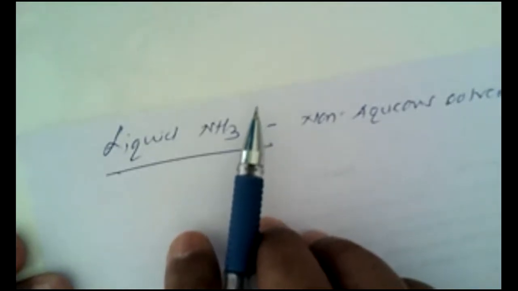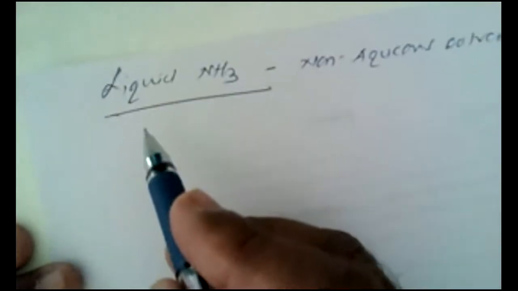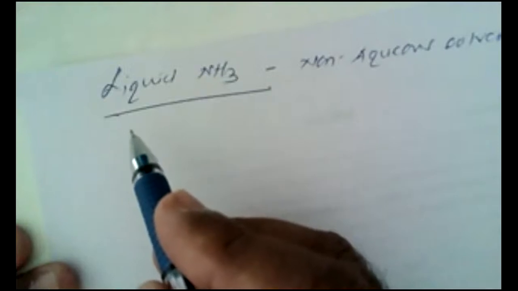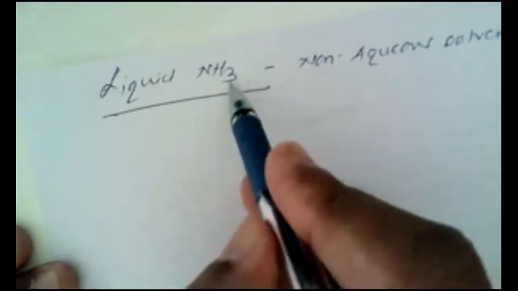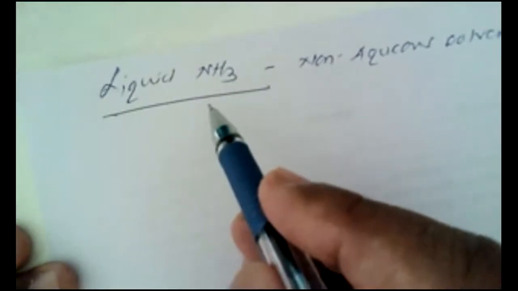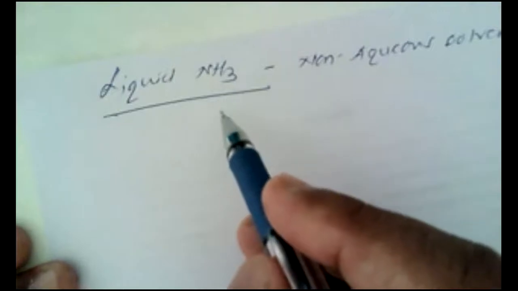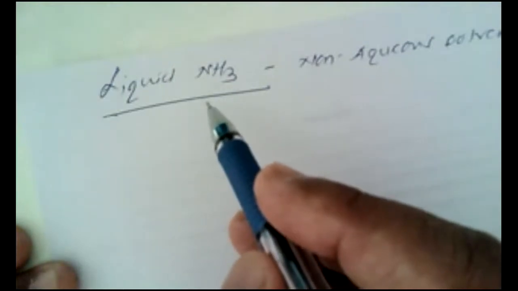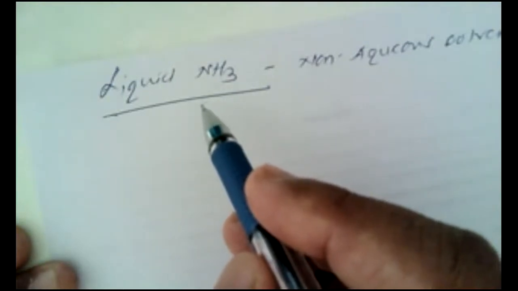It is protonic, that means it is capable of donating protons, that is H plus ions, associated with auto-ionizing, that means it gets self-ionized, and it is polar, that means there exist two different types of poles in ammonia. So it is also a water-like solvent. It is a poor solvent for ionic compounds.